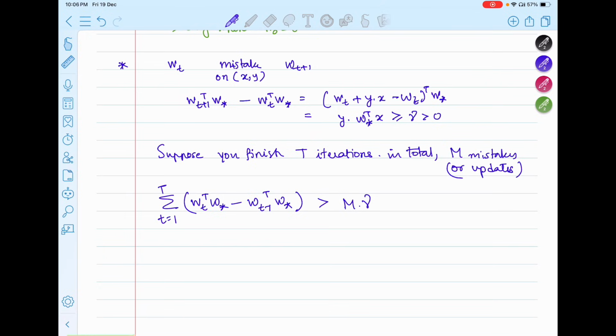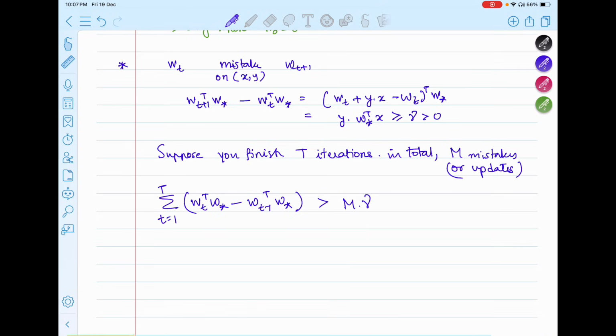I don't know what this will be equal to, but this will be bigger than M times gamma, right? Because whenever you compare between WT and WT minus 1, either they are the same if there has been no mistake, or there has been an update, which means the difference is at least gamma.